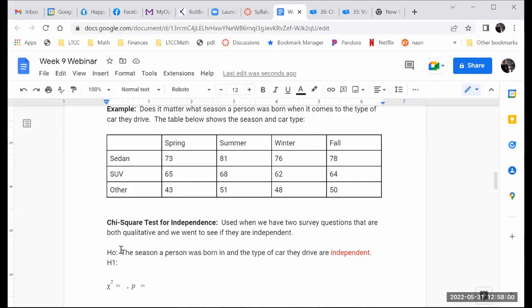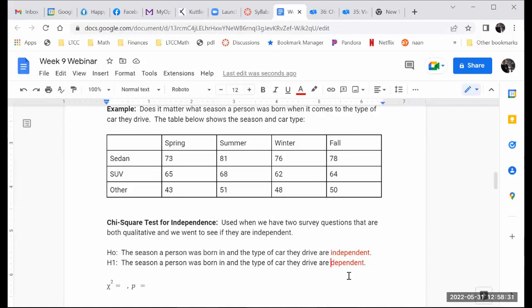So for H1, all I have to do is copy and paste H naught. And here's the hint: I'm going to erase two letters. The letters I and N. It's very easy computer-wise, isn't it? And the season a person was born in and the type of car they drive are dependent. And I'm going to keep that in red because that needs to be there.